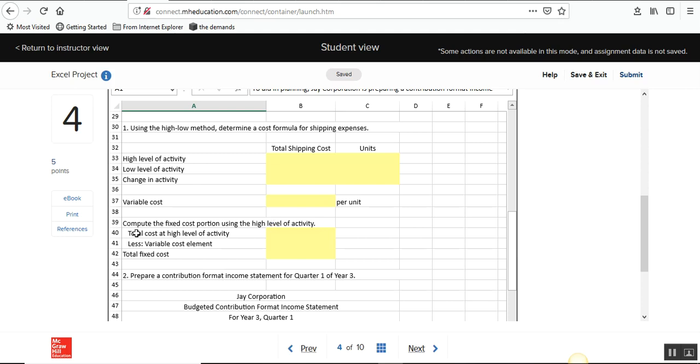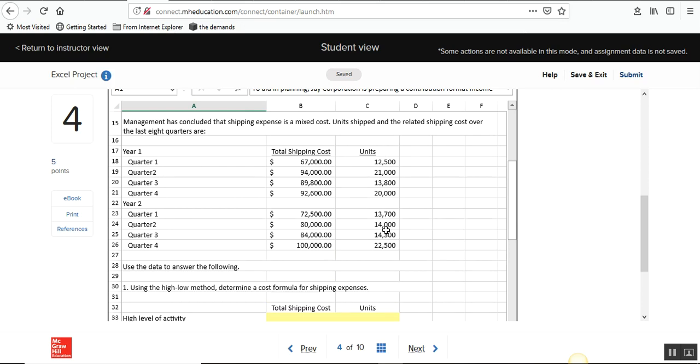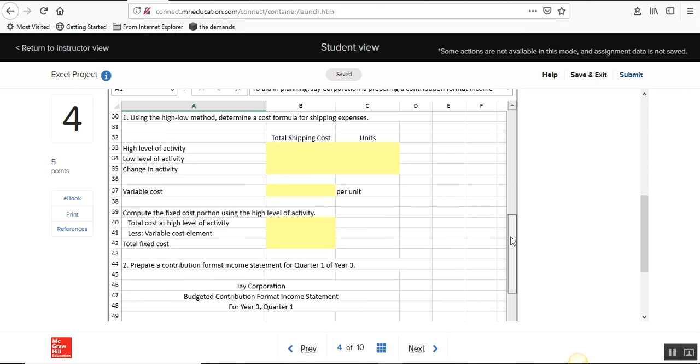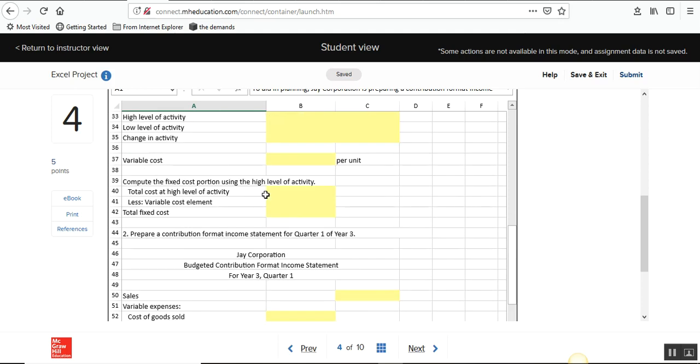And then at this point, you're going to compute the fixed cost portion using the high level of activity, which we go back here, and it's going to be the highest level of activity based on the number of units. And when you look at that and you calculate the total cost at that high level of activity, then you're going to subtract out the variable cost element, and you'll get total fixed cost.